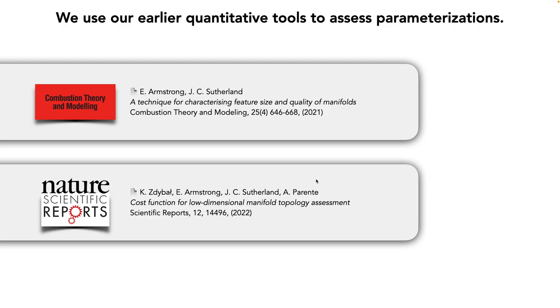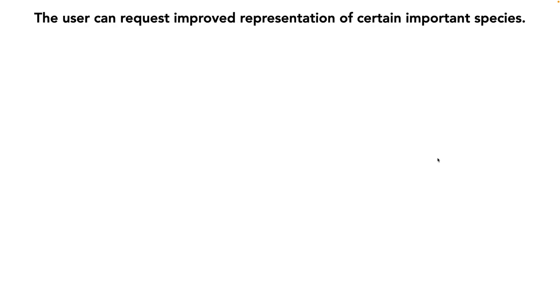And by the way, in this work, we extensively use our earlier quantitative tools to assess the quality of those parameterizations. And if you're interested, you can check these two papers that provide those quantitative measures, which you can use in all sorts of research problems.